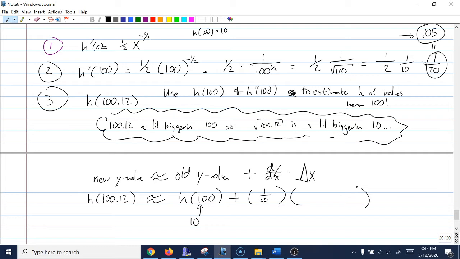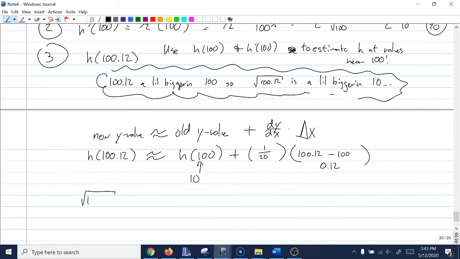How much did you wiggle the x by? How much did you scoot over from 100? You went from 100 to 100.12. New value minus old value is 0.12. The square root of 100.12 is about 10 plus 1/20th of 0.12. Can I do this in my head? 0.12 is 12 over 100 times 1 over 20.